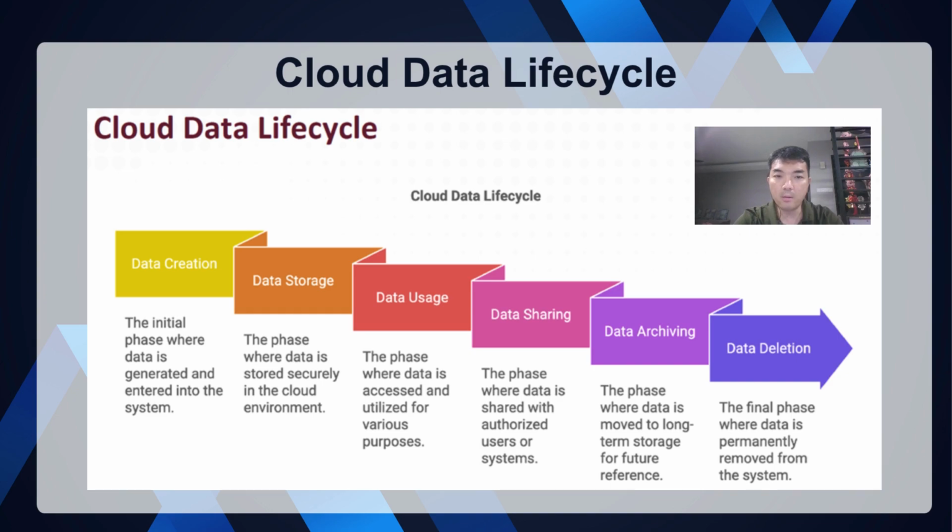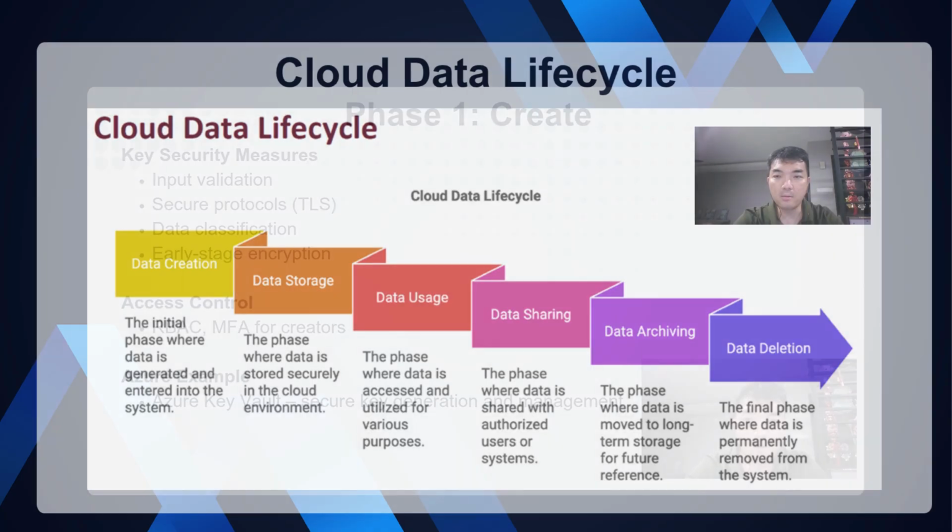Phase four is data sharing, whereby the data is shared with authorized users or systems. The next phase, phase five, is data archiving, whereby the data is moved to long-term storage for future reference. And the last one is data deletion or destroy, which is the final phase where the data is permanently removed from the system.